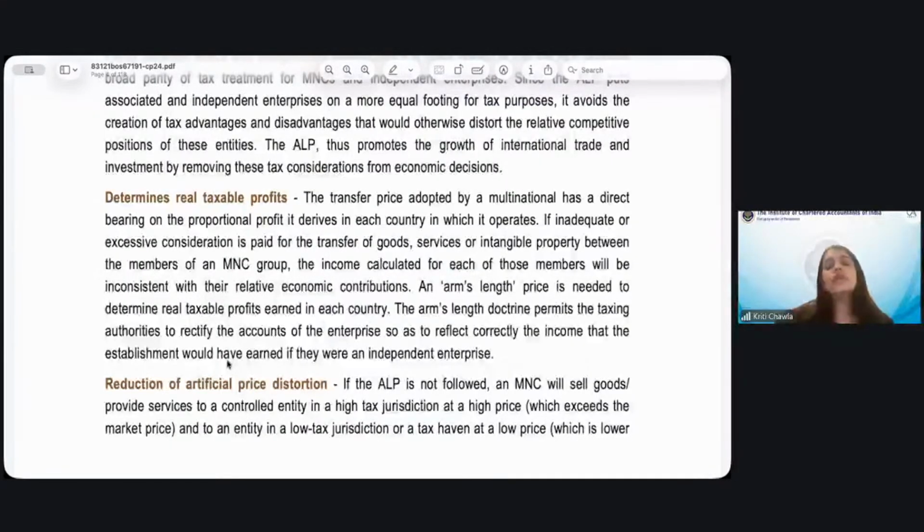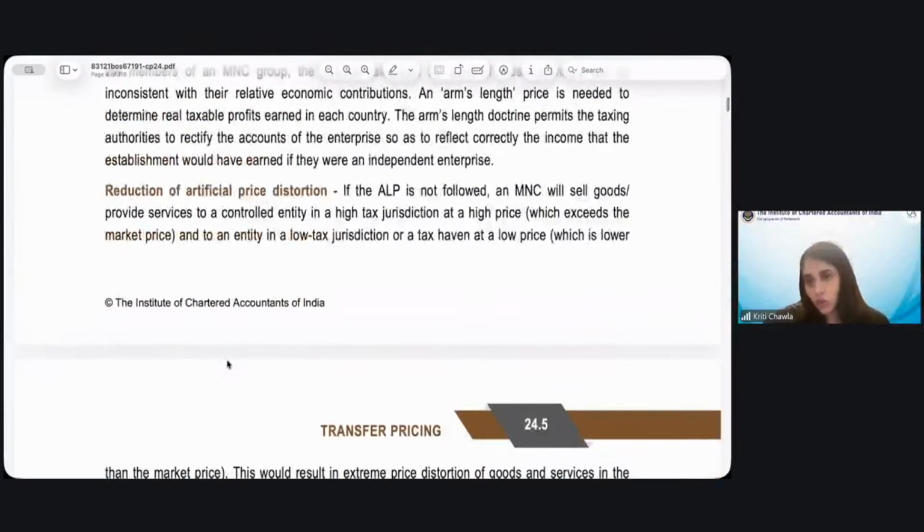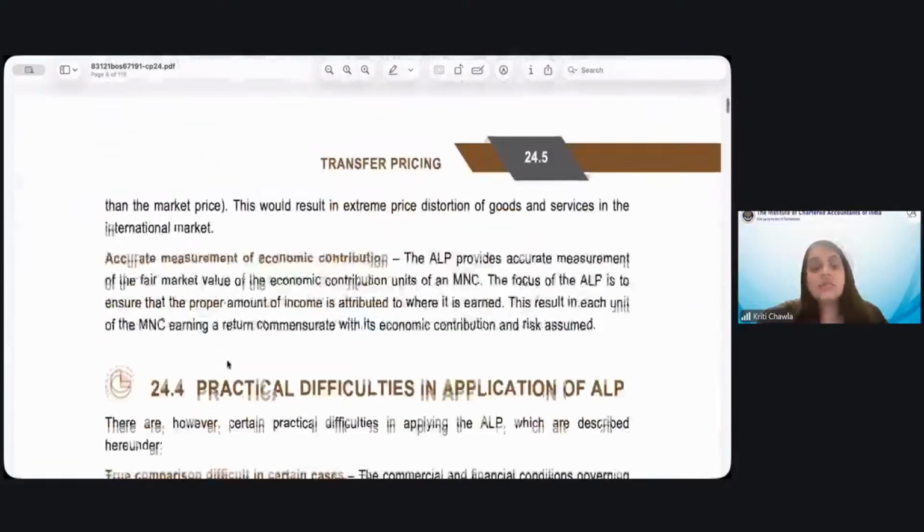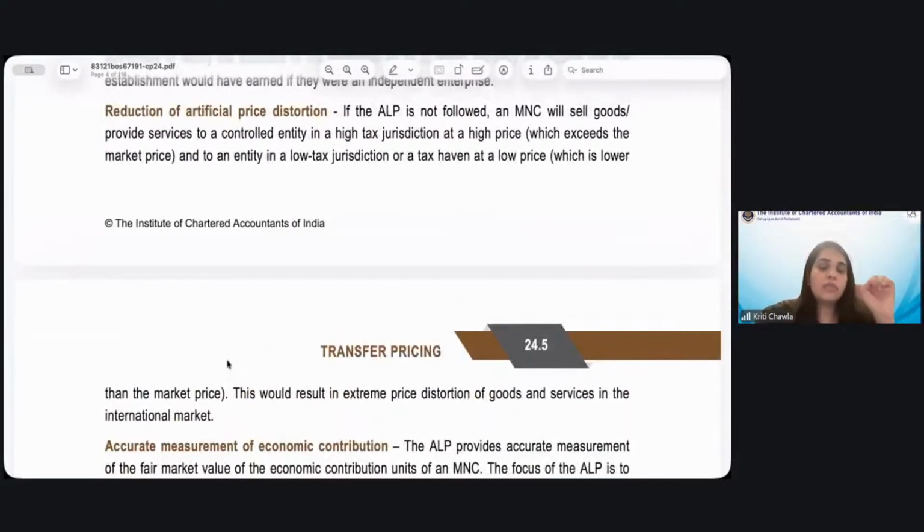Then it also reduces the artificial price distortion, because obviously if ALP is not followed, multinational companies will just follow their own price, which is not the real thing, and they will artificially reduce their taxable profits. This is the reason it's important to follow the arm's length price. That is the price at which independent enterprises are dealing.